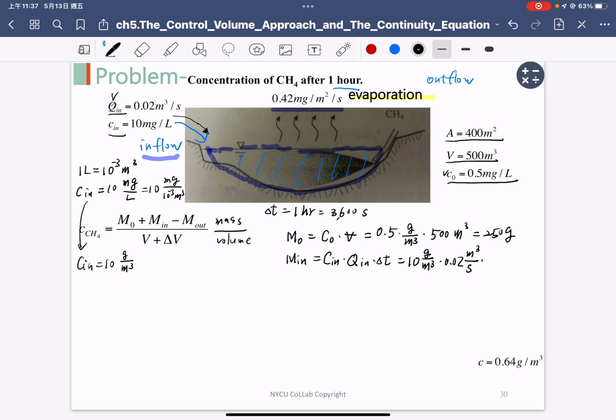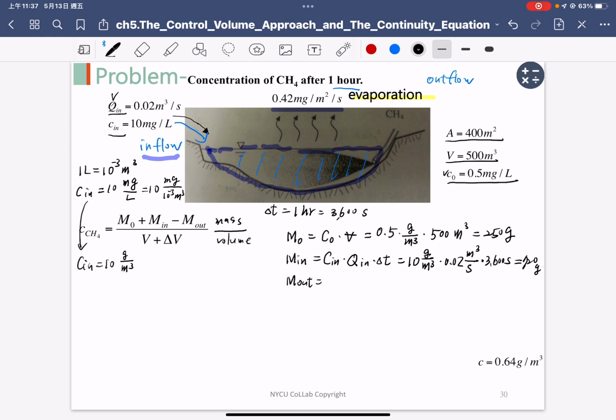And then we multiply by delta T, which is 3600 seconds. You can use the calculator to compute the mass contributed by inflow. So 10 multiplied by 0.02 and then multiplied by the time is equal to 720 g.